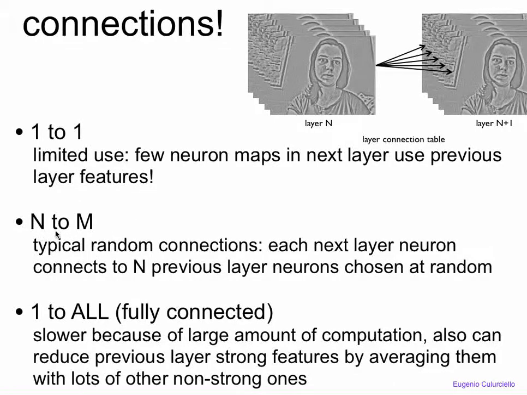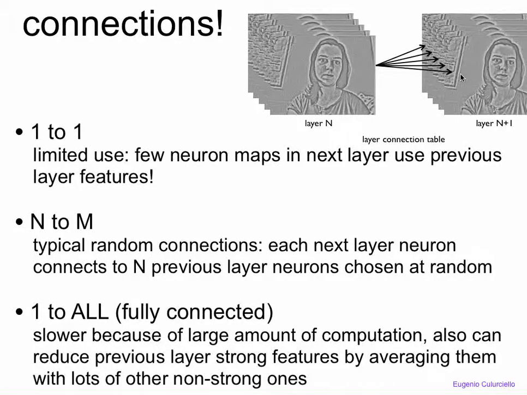The second option is n-to-m, and that's one of the most typical really, because it's fairly effective. So what you do is you try to take a combination of n layer maps or n inputs to create really m outputs.